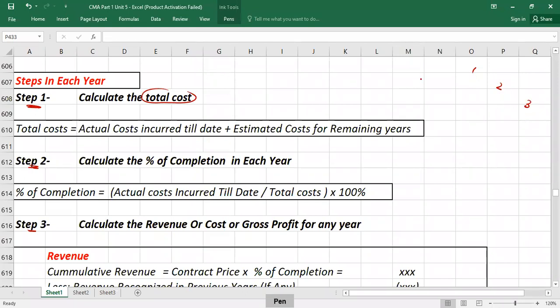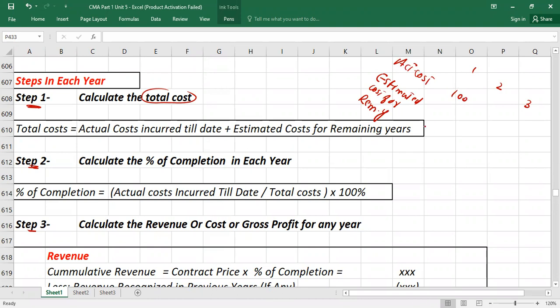Okay, and he will tell you data in the exam question like that. He will tell you the actual cost incurred in each year. And then he will put another row, which is called estimated cost for remaining years. So these 2 rows. For example, in year 1, actual cost incurred is 100.